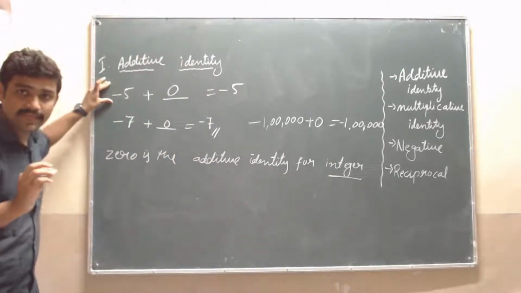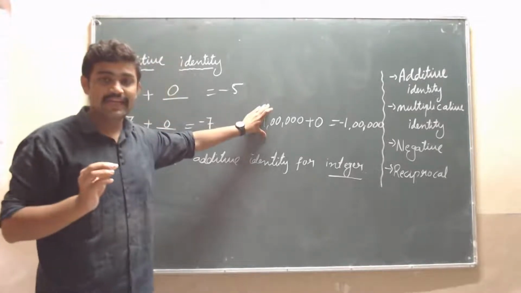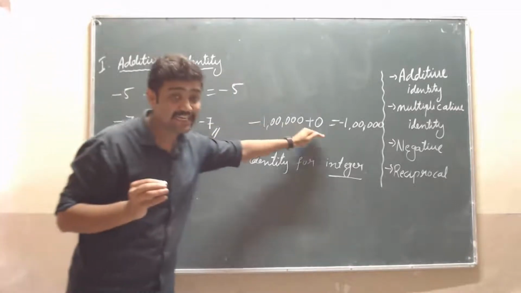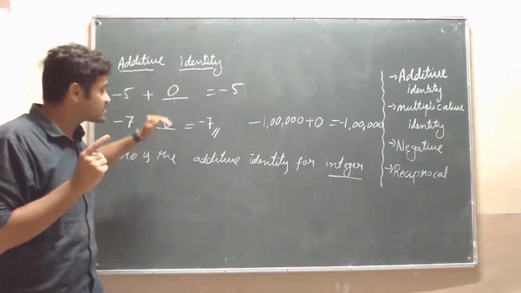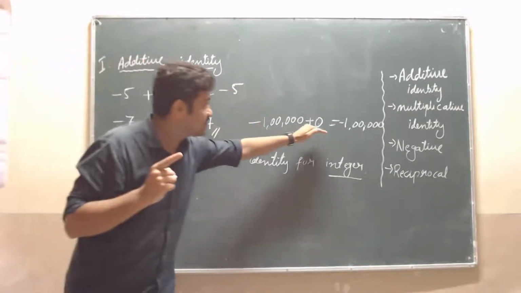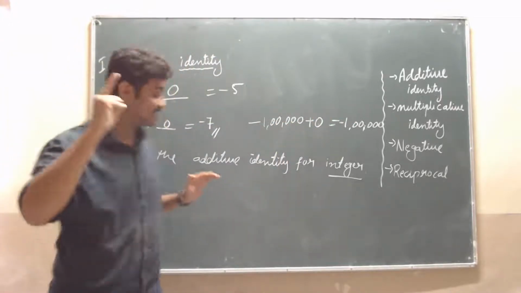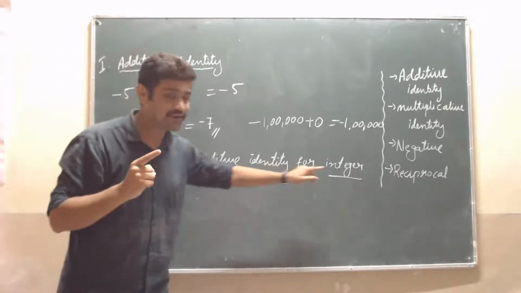Minus 5 is an integer, minus 7 is also an integer, and minus 1 lakh is also an integer. Then 0 is the identity. 0 is the additive identity which, added to integers, gives the same answer. Then we can say that 0 is the additive identity for integers.